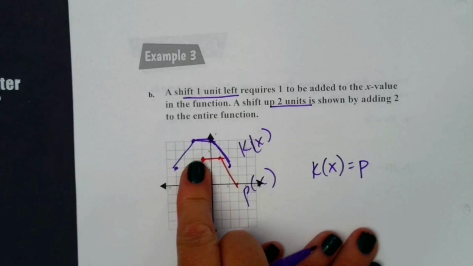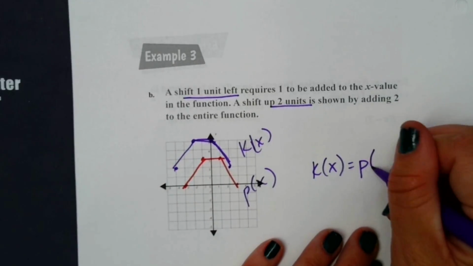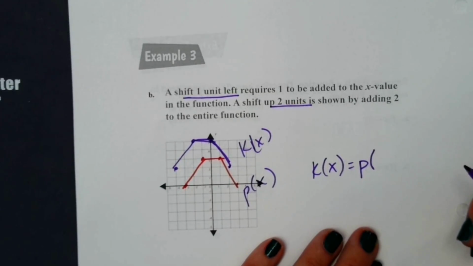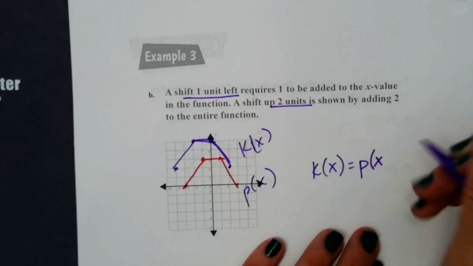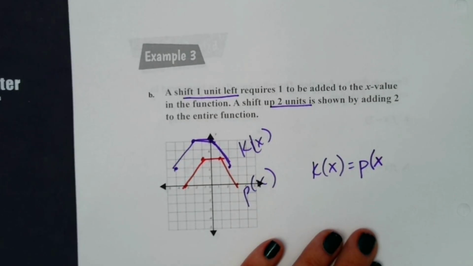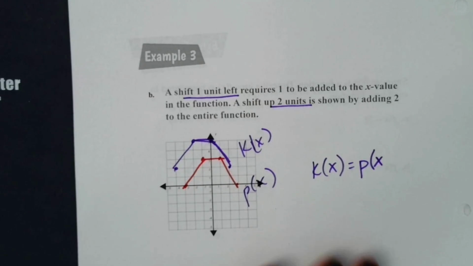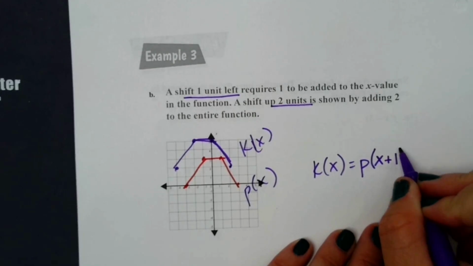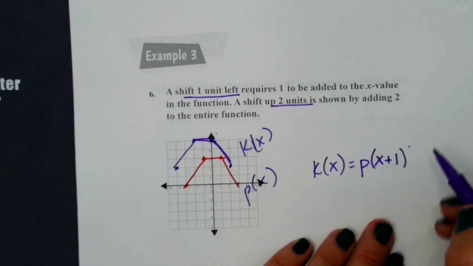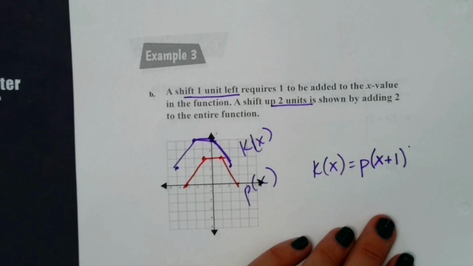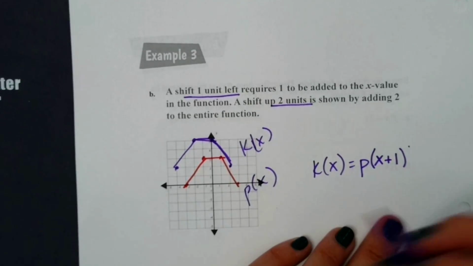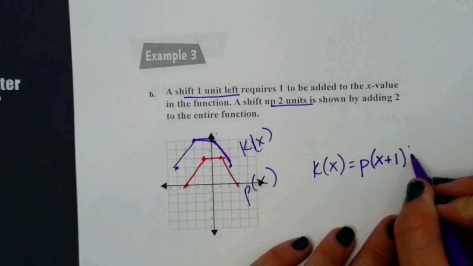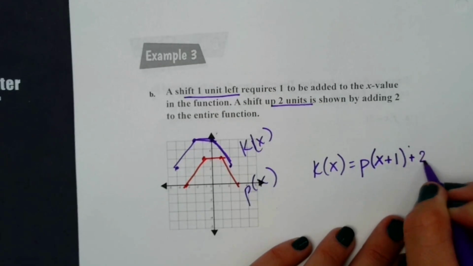I did. So I have to have something on the inside of that parenthesis. So x, what did I do to it? Since it's left 2, am I adding or subtracting? Adding, because I went left. Now, what else did I do? I went up 2. So plus 2.